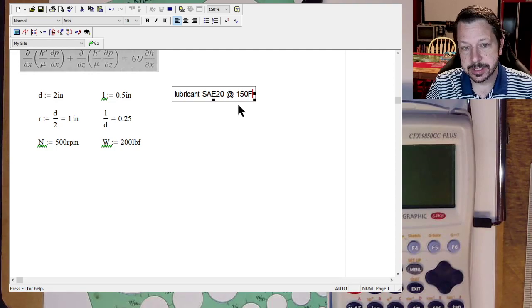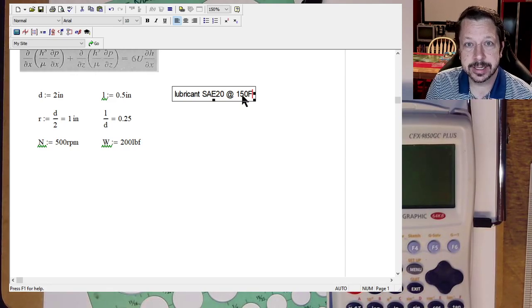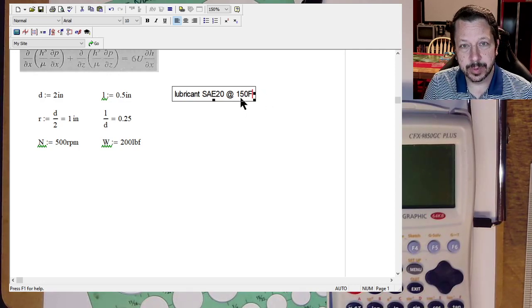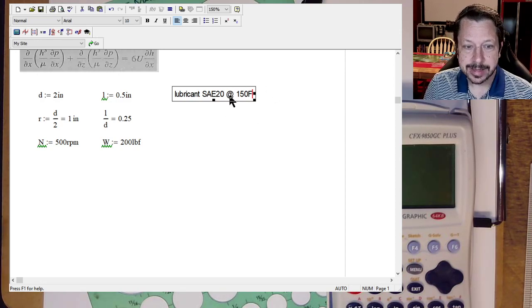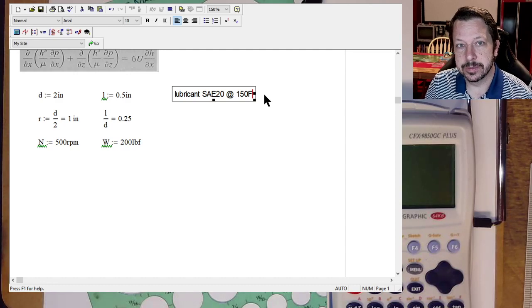So a lot of times this is more, I want it to run at 150, and I'm going to do whatever cooling it takes to keep the lubricant at that temperature. So I'm going to have water jackets that cool it, or I'm going to have a circulation system where it exits this part of the machine for a while and cools down. It's a whole circulatory system type thing. So this 150 number is more difficult to calculate.